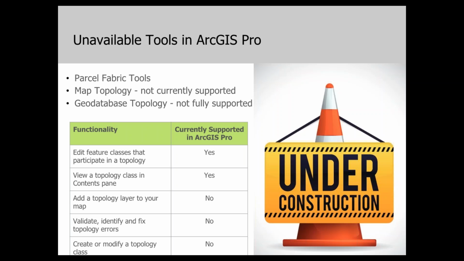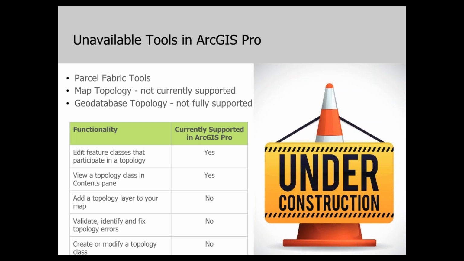This is the part of the talk where I like to give you another little word of warning. ArcGIS Pro is a really wonderful product, and it's still under construction in a few ways. The biggest is if you are a parcel editor. The parcel fabric tools are currently not available in ArcGIS Pro. It's pretty important to know if you're using the parcel fabric. And then another really important one is map topology, data integrity rules.